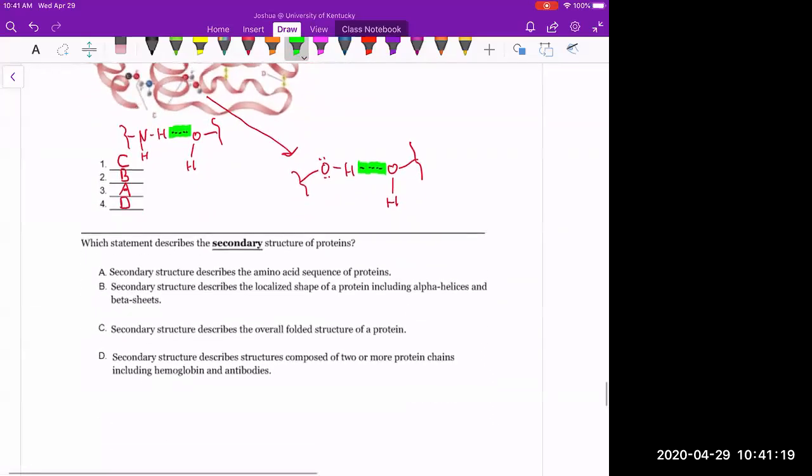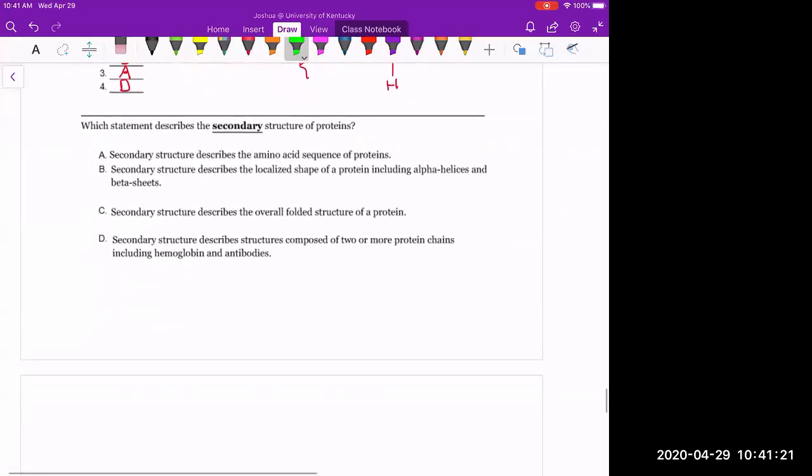Next question. Which statement describes the secondary structure of proteins? So read those. Secondary structure describes the amino acid sequence of proteins. Secondary structure describes the localized shape of protein, including alpha helices and beta sheets. That's it.